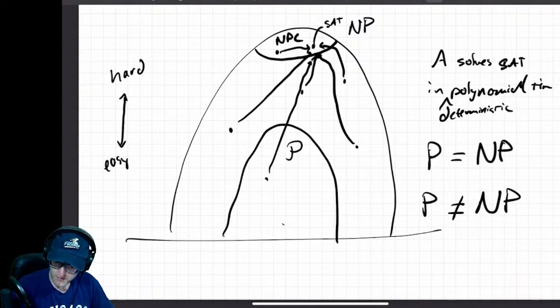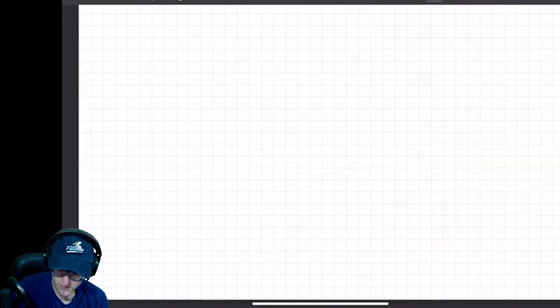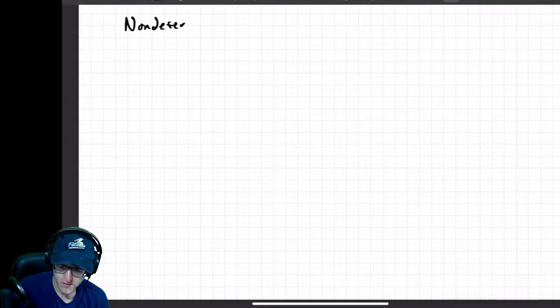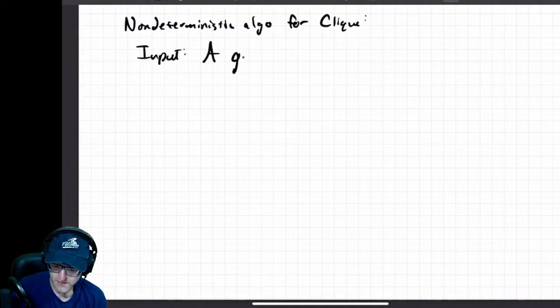And here's my non-deterministic algorithm for clique. All right? My input is going to be a graph G equals (V, E) and an integer k.